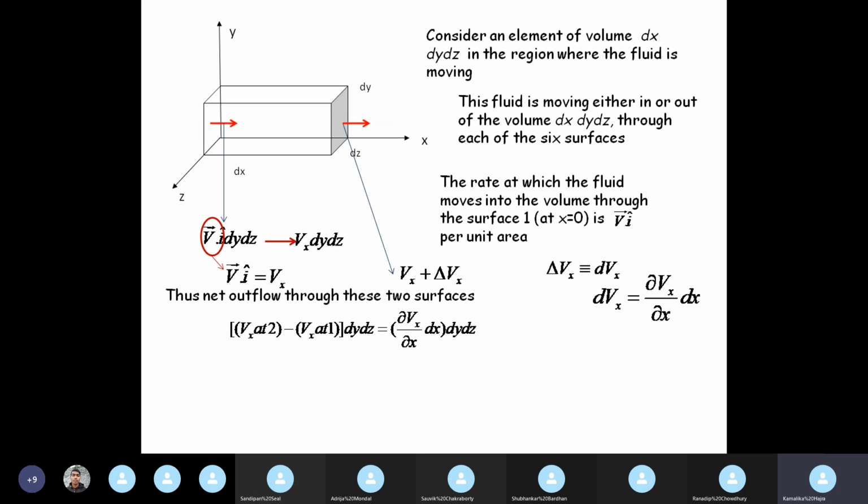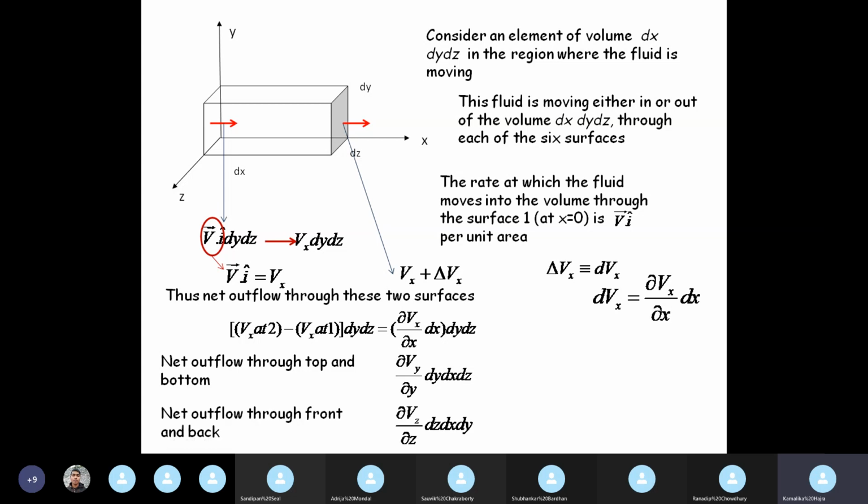If you carry out the same exercise for the top and bottom surface, then the net amount will be del Vy del y dy into dx dz. And for the front and back surface, it will be del Vz del z dz into dx dy.